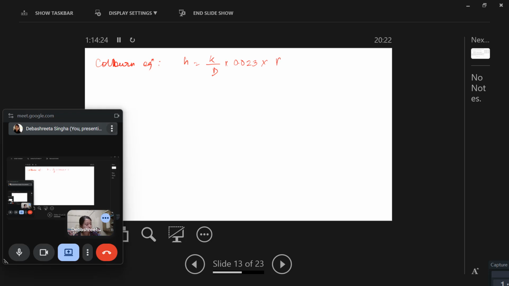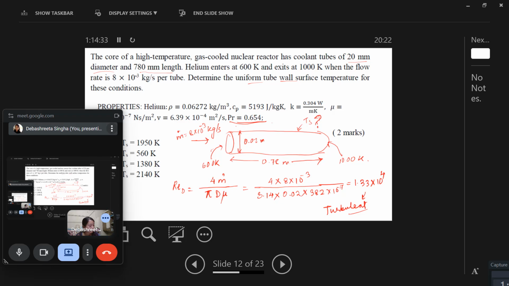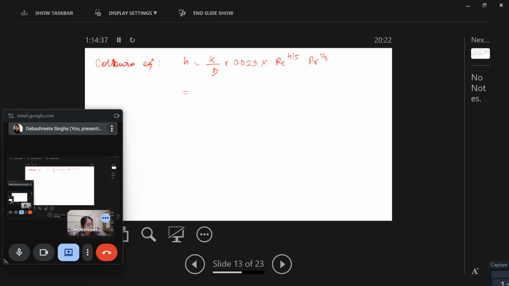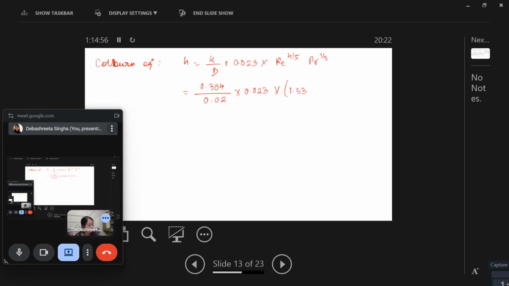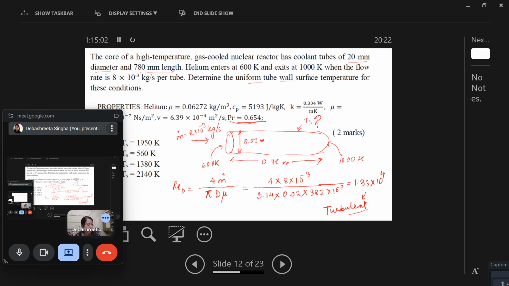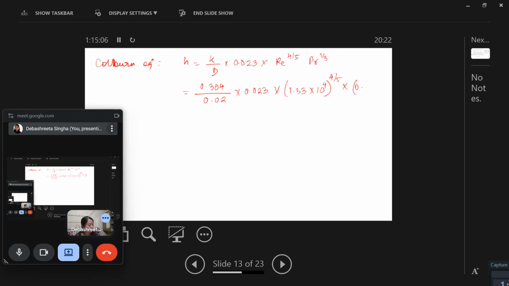0.023 into 10 to the power 3. So k is 0.304 divided by diameter 0.02 into 0.023 into Re, Re is 1.33 into 10 to the power 4, to the power 4 by 5, into Prandtl is 0.654 to the power 1 by 3.